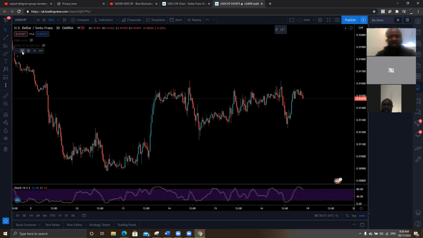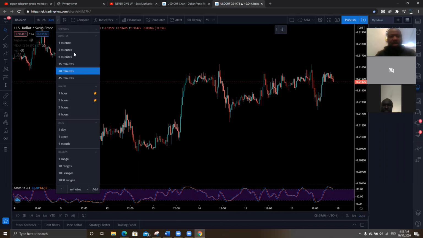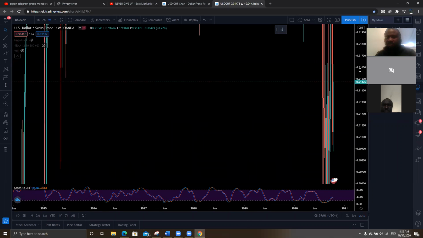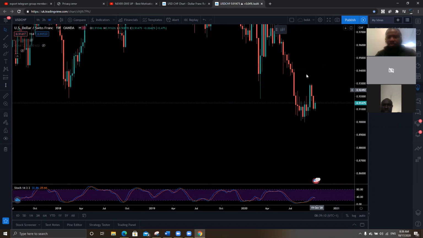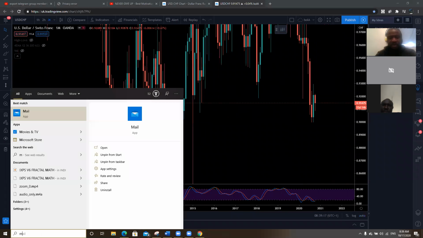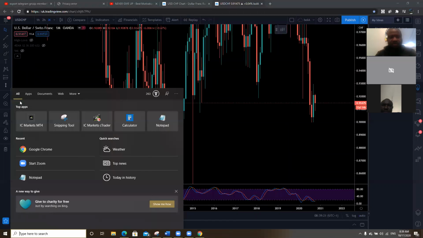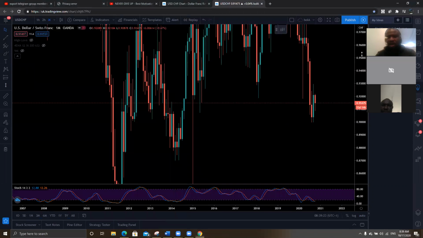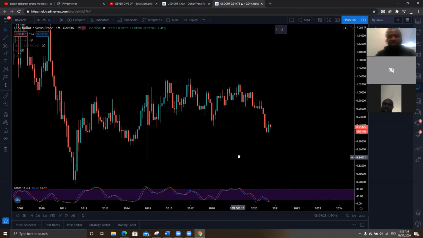A little bit advanced, but it is essential to have an understanding of it as well. Okay, so when we look at this particular dollar Swiss chart, I will look at it from a different perspective. That's the way that I normally do. It gives me more clarity than anyone else.